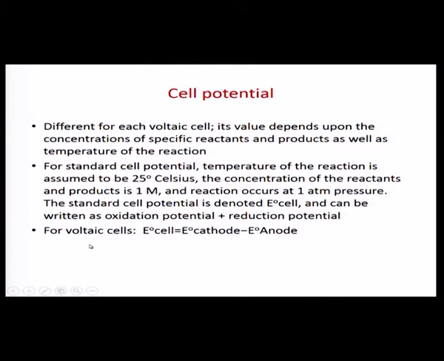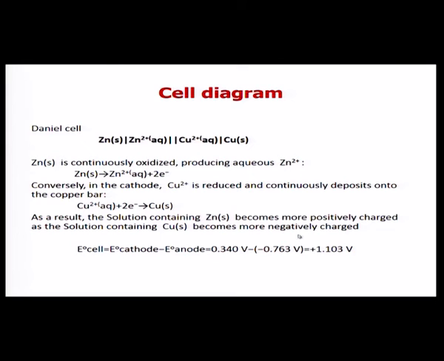For a voltaic cell it is equivalent to the cathode standard electrode potential minus the anode standard electrode potential. That difference gives the total voltaic cell potential. As we have seen before, if it is positive we will get energy out of it.